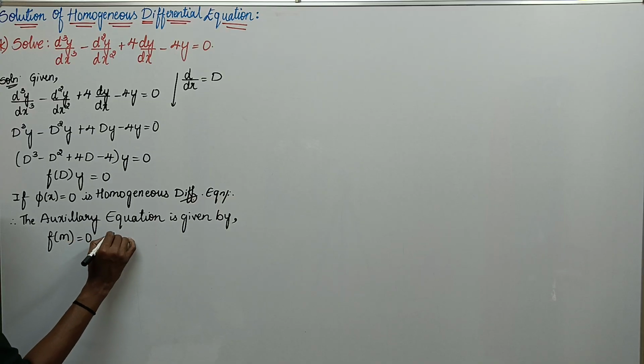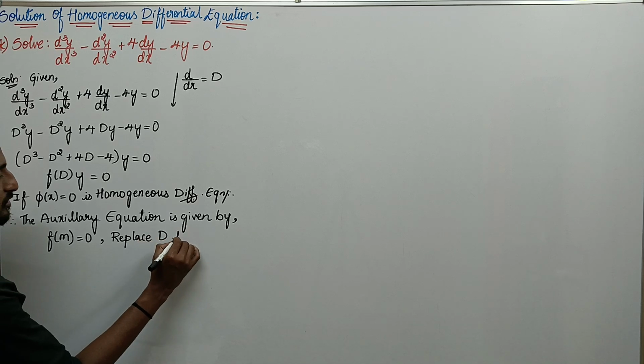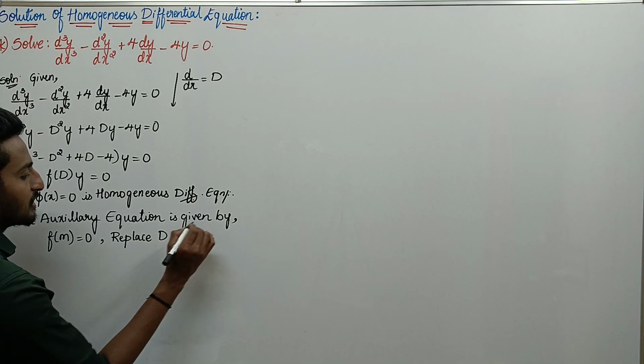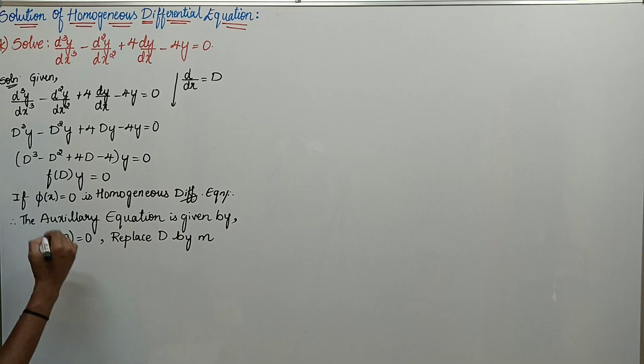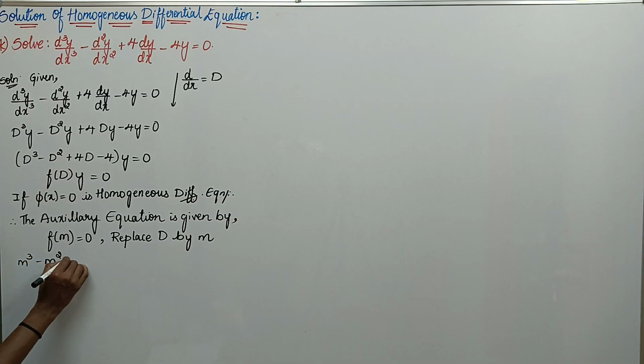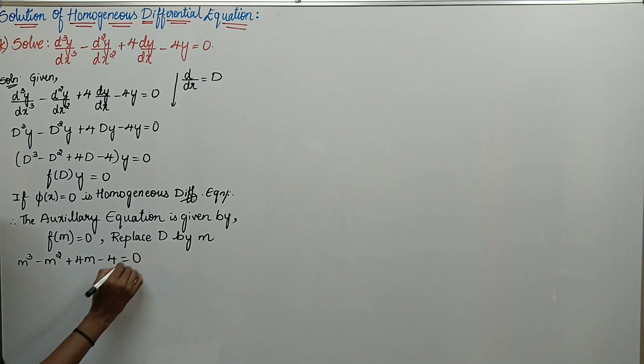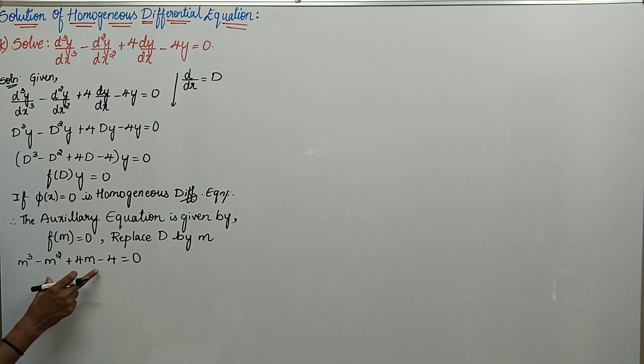That is, replace D by m. Replacing D with m, that is m cube minus m square plus 4m minus 4 equal to 0. This is of the form f of m equal to 0.